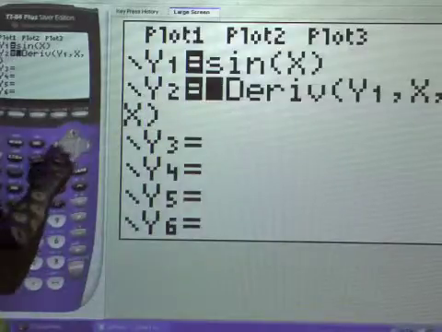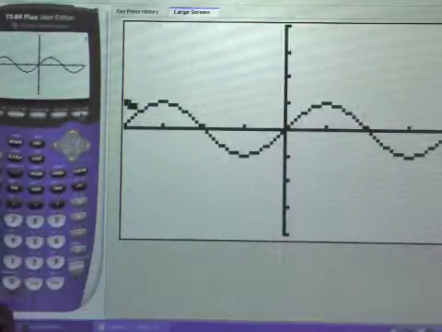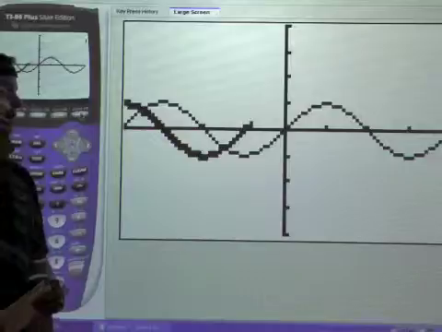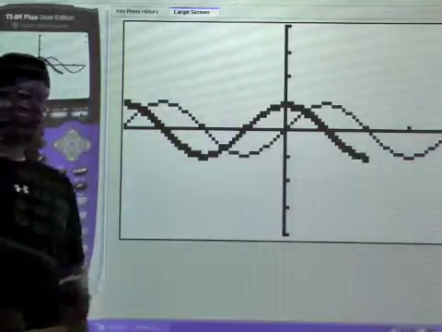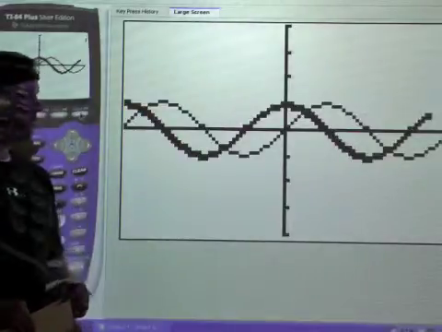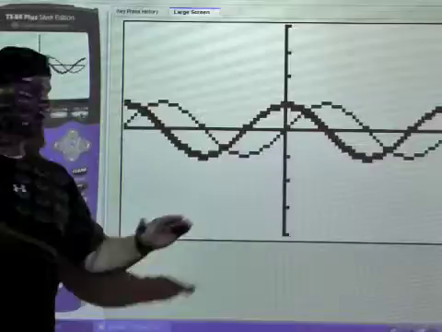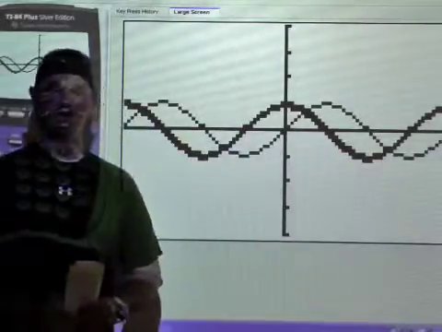Okay, I'm going to graph this in bold, so as to differentiate it. So here we go. Slowly but surely, it's plotting the numerical derivative at every point along the way, and it's graphing pretty much a good picture of what I sketched earlier, of what we would expect the derivative to look like. Okay, now if you focus in on this function in bold, that should be a familiar function to you.